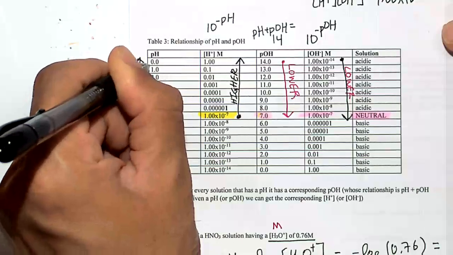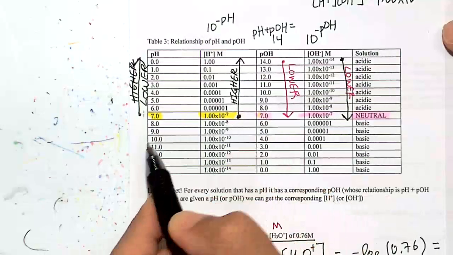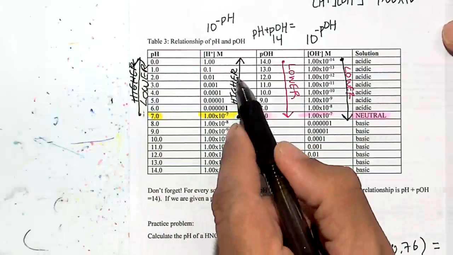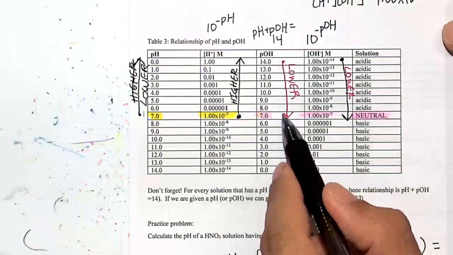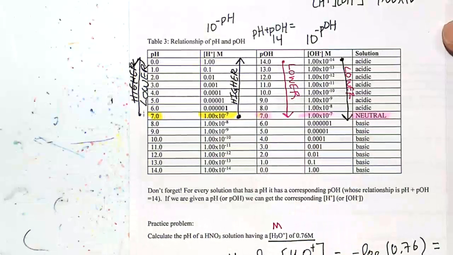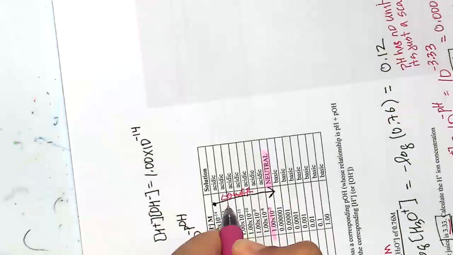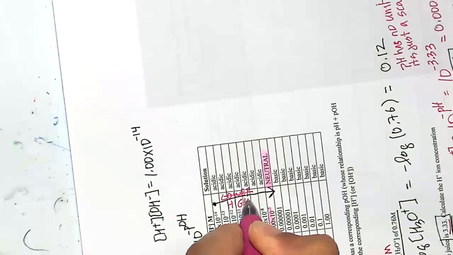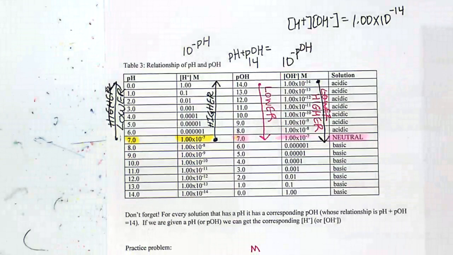Okay, as your pH is getting lower, your H plus concentration is getting higher and higher, your pOH is getting lower and lower, and your OH concentration is getting higher, so this should be higher. So we have to memorize the table? No, I just want you to know the trends.